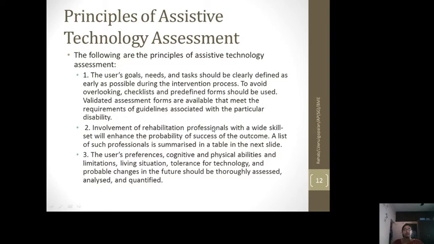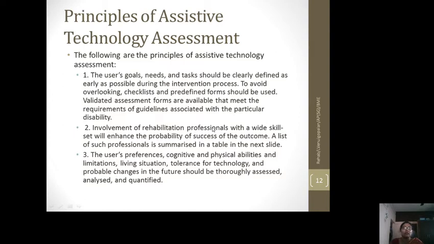So, as a rehabilitation clinician, we should thoroughly assess what our patients' capabilities are, what their requirements are basically. If they can just very well return back to their normal life by using just a cane, then that is what should be prescribed.